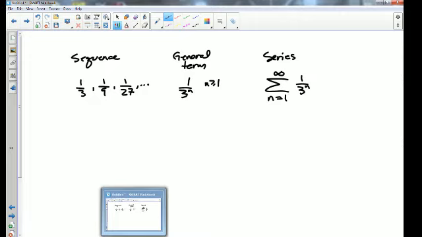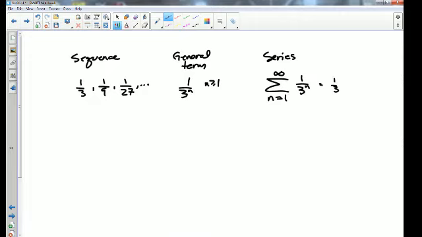And this would be 1/3 plus 1/9 plus 1/27. That's a convergent series.